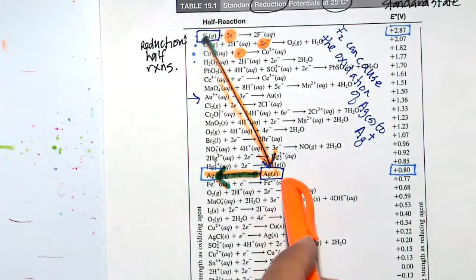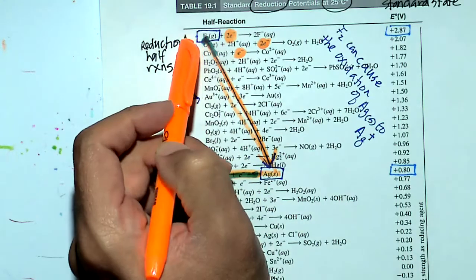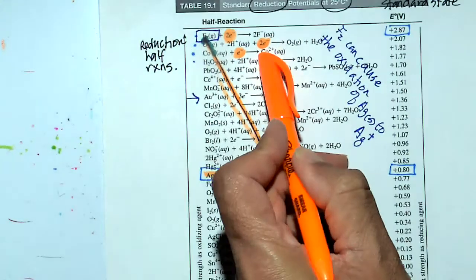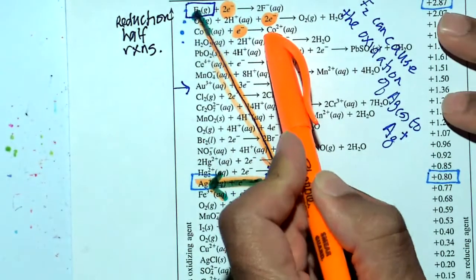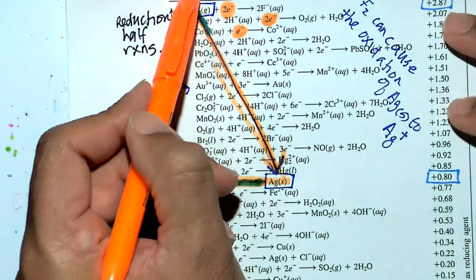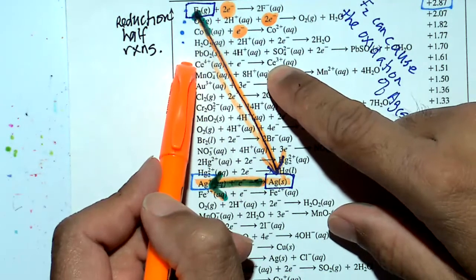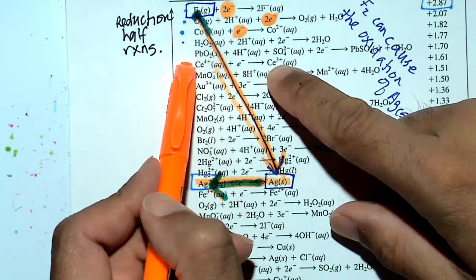So can F2 oxidize Ag solid to Ag plus? Yes. Can F2 oxidize Co plus 2 to Co plus 3? Yes. Can F2 oxidize Ce plus 3 to Ce plus 4? Yes.